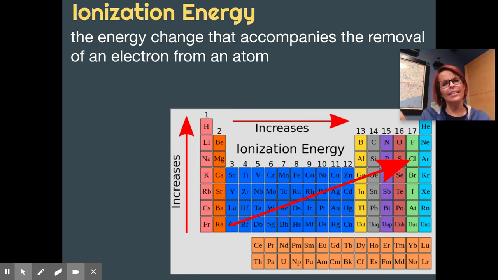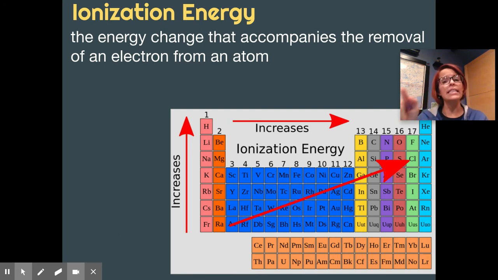And I want you to predict this for a second. If I go up to a sodium, look at where sodium is. Sodium has one electron in an s orbital. If I go up to sodium and I try to pluck an electron off of it, is that going to be easy or hard?